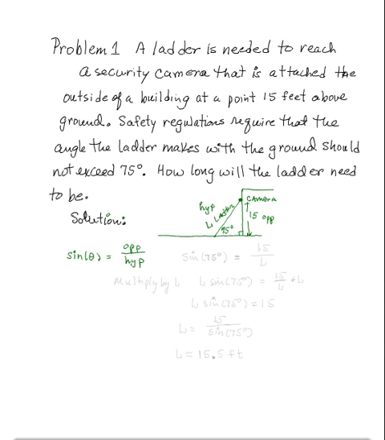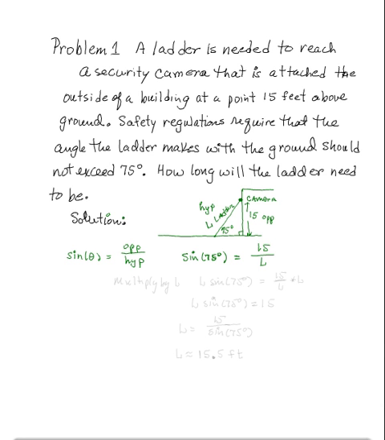We would have the sine of 75 degrees is equal to 15 divided by L. At this point, the trig is over in the problem. We've set up the trig ratio and we have an equation, just like many equations you've solved in your algebra history. And so we just have to solve this equation.